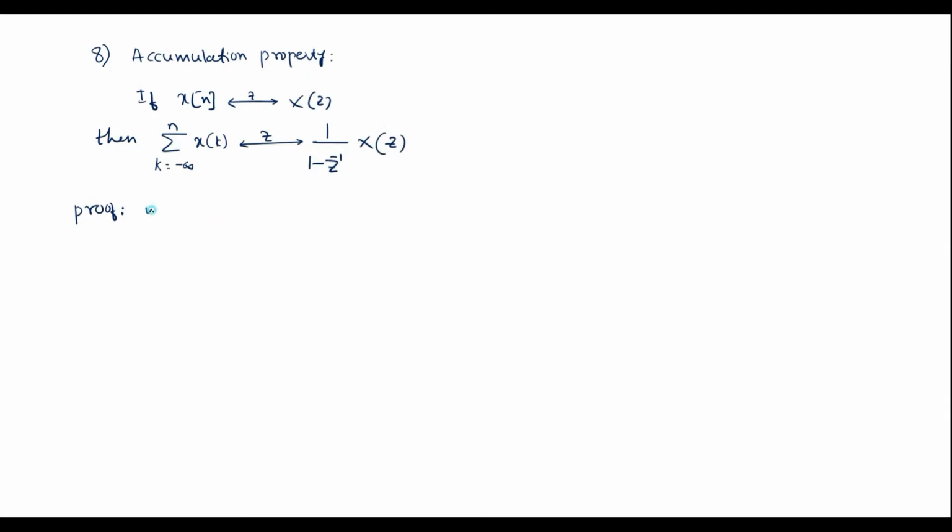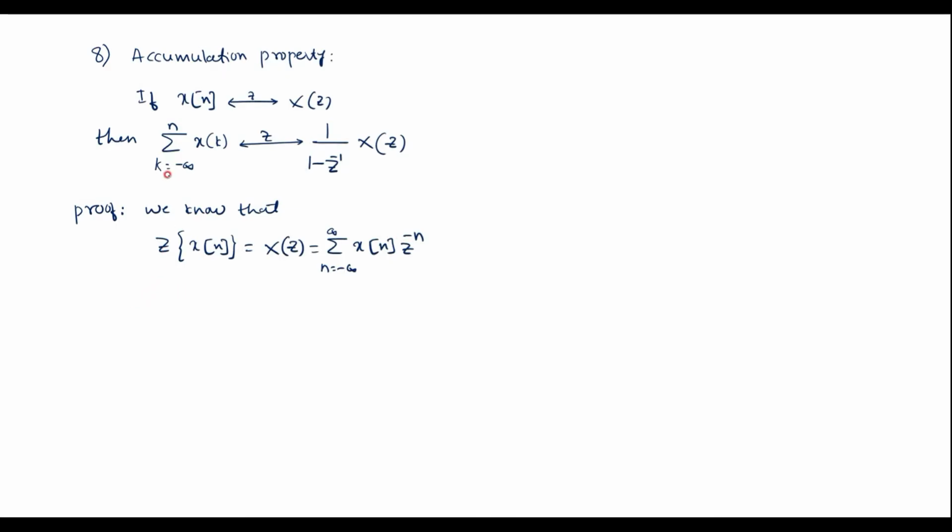We know that the Z transform of x of n is equal to X of z, which is nothing but summation n varies from minus infinity to infinity x of n z power minus n.